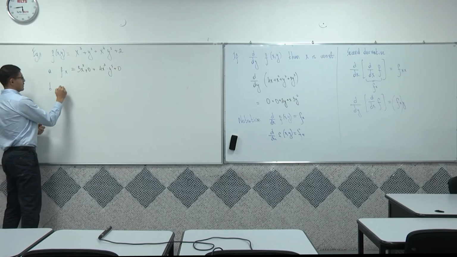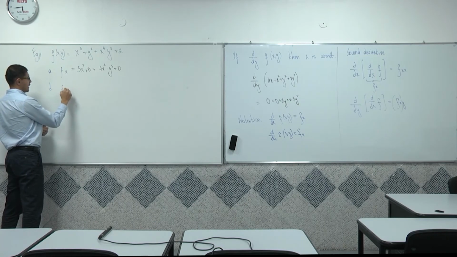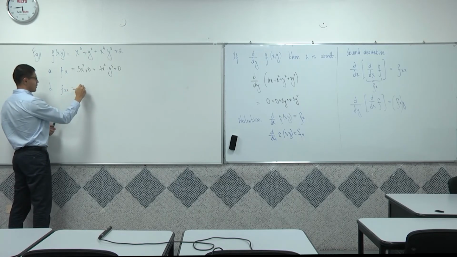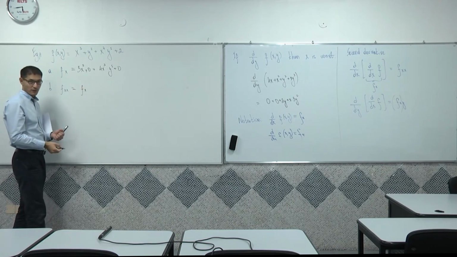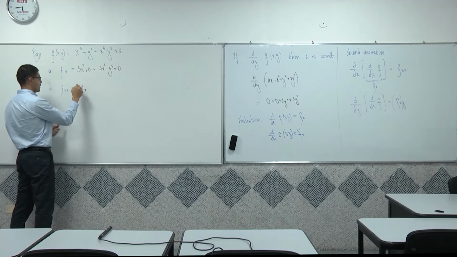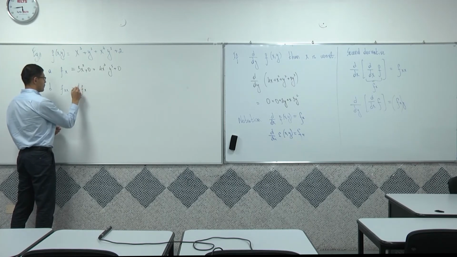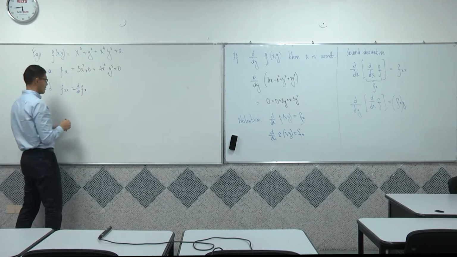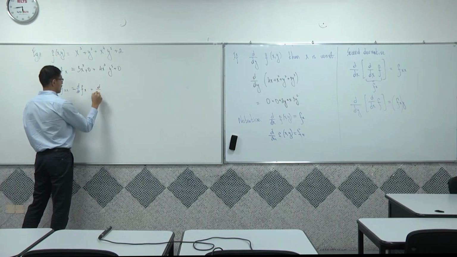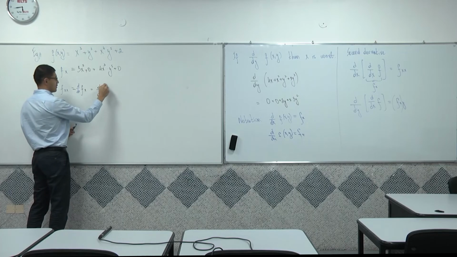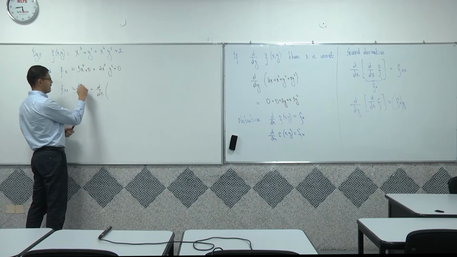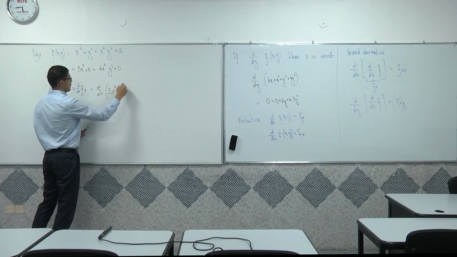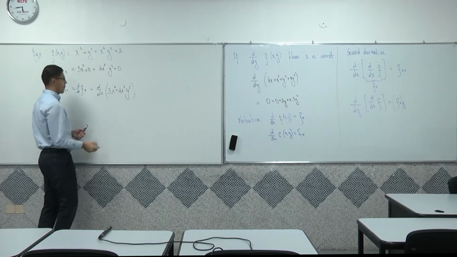Next, let's take the derivative with respect to x twice. What this means is that we have to take our first derivative, f x, which we already found, and take the derivative with respect to x of this again.